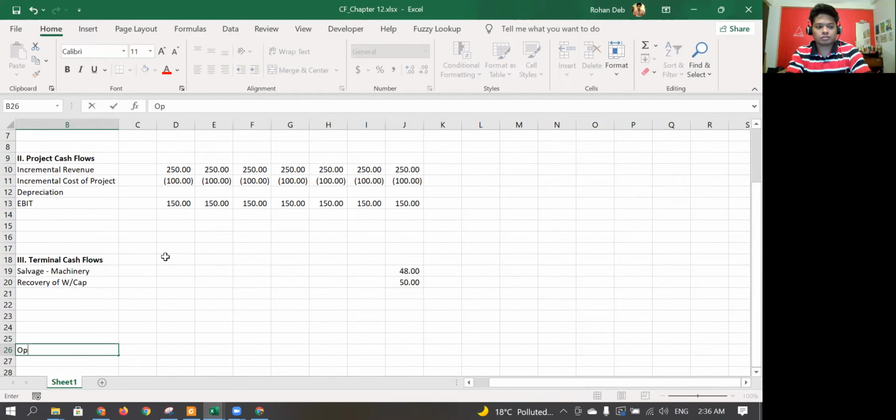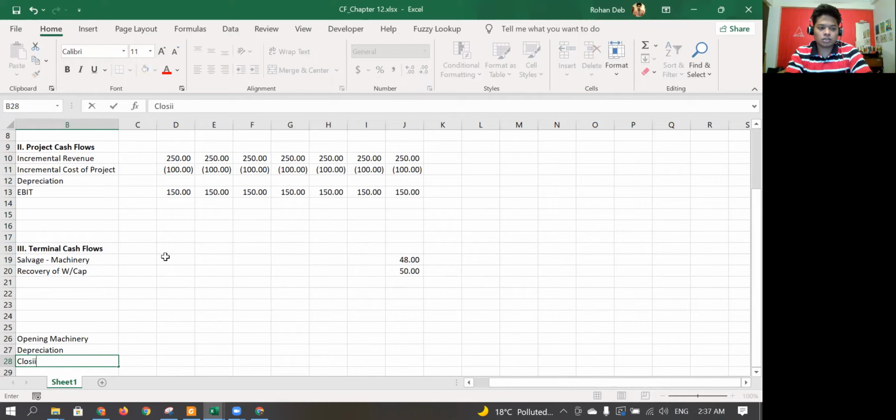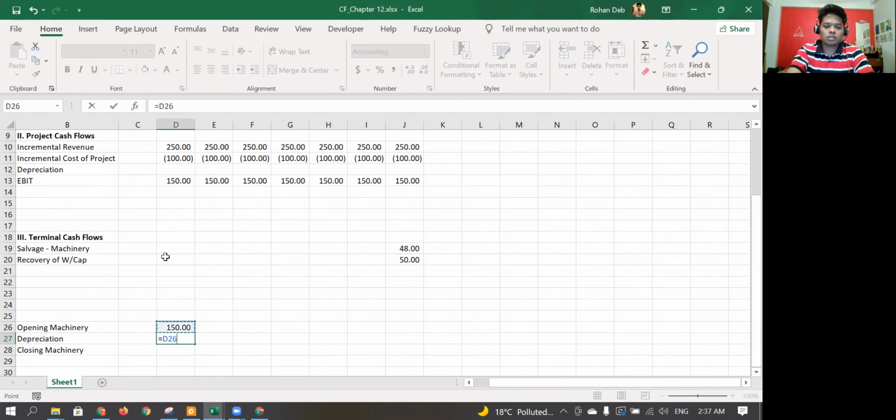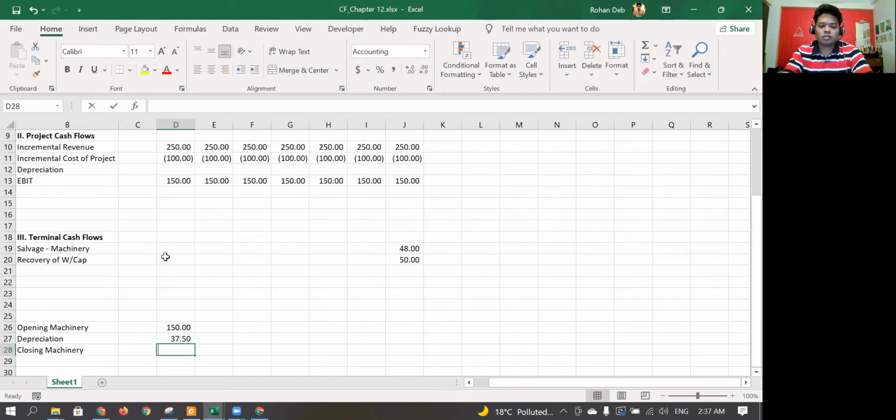So opening machinery, depreciation, closing machinery. It's 150 over here, depreciation equal to this into 25%, closing equal to this minus this, and this one is equal to this.